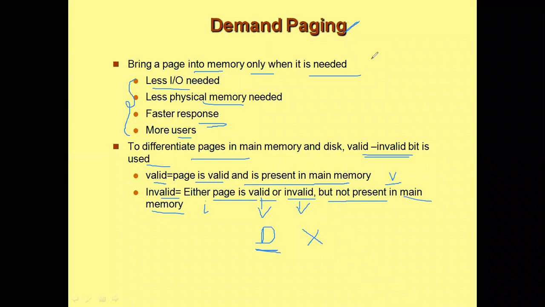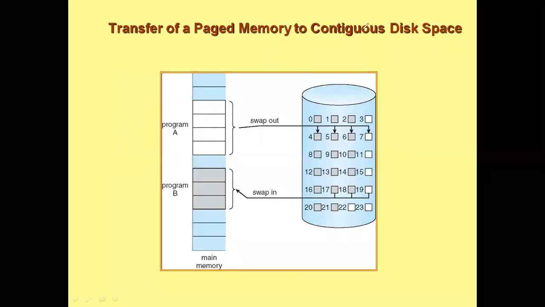Here we have a diagram: transfer of a paged memory to contiguous disk space. You know that in a disk we have blocks. So this is an example of contiguous disk space. As I said, one benefit of demand paging is you could be running multiple programs at a time.